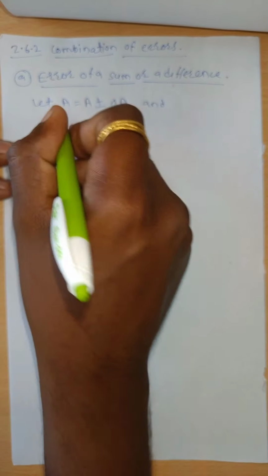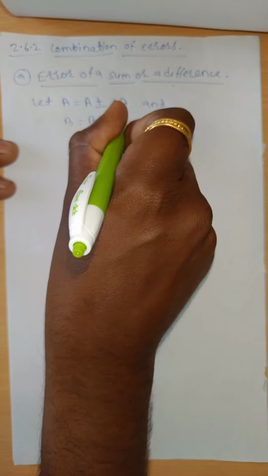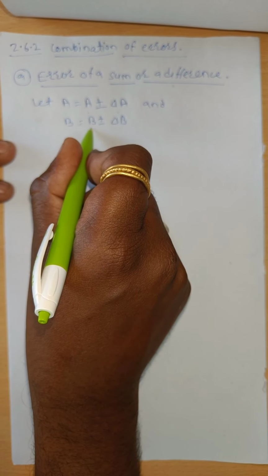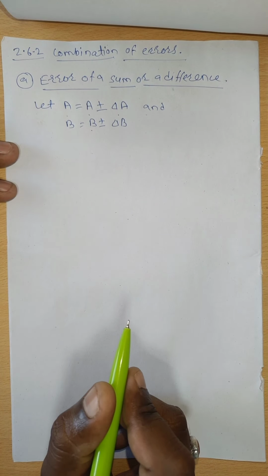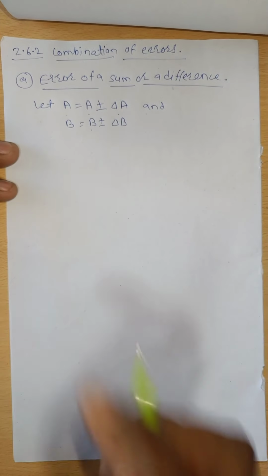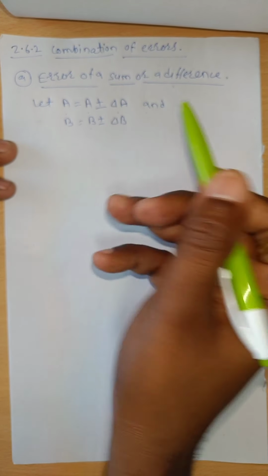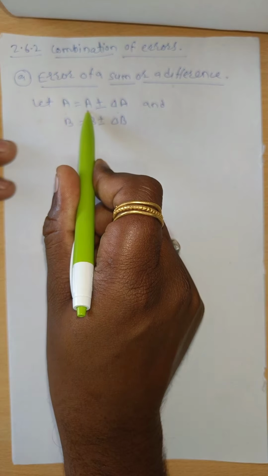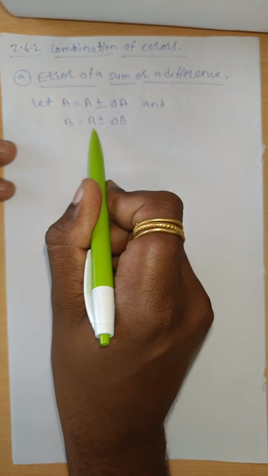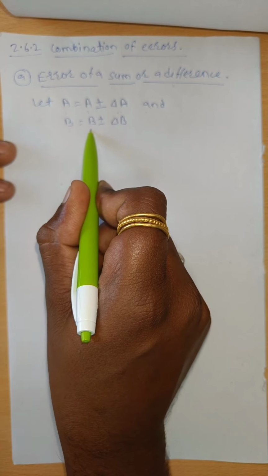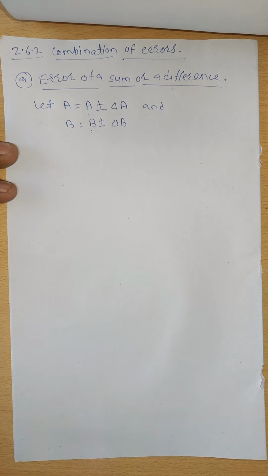Another physical quantity B is equal to B plus or minus delta B, where B is the true value and delta B is the error occurred in the measurement, while measuring B.